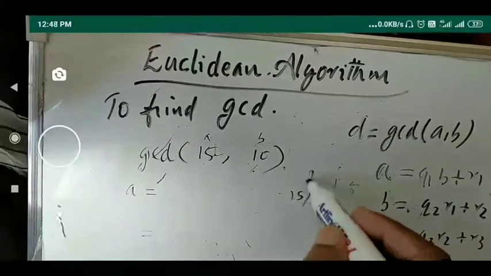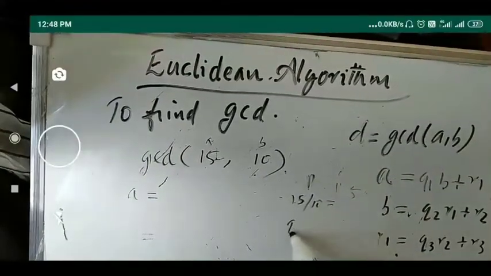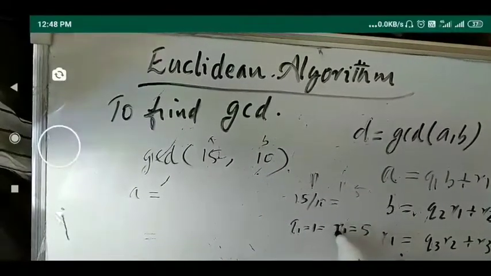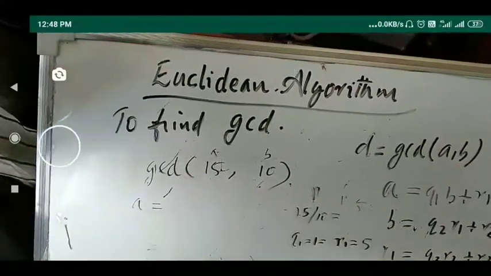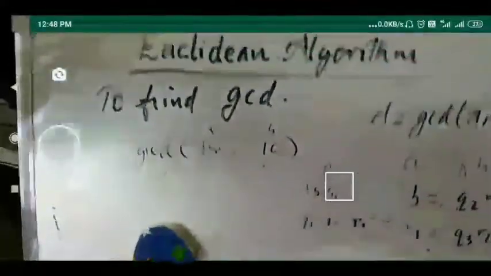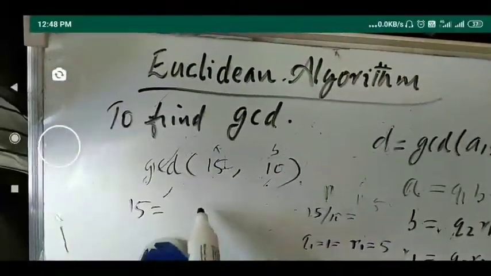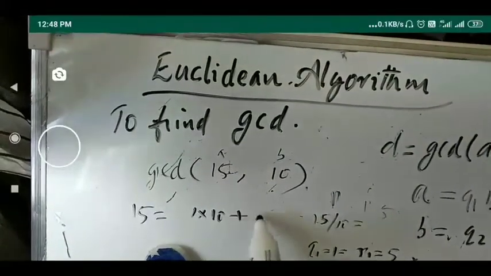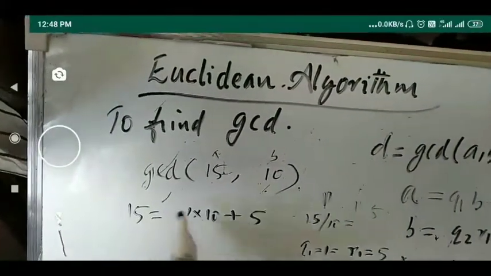So we can write Q1 as 1 and R1 as 5. So we can write A, that means 15, equal to 1 into 10 plus 5, 1 into B plus 5.